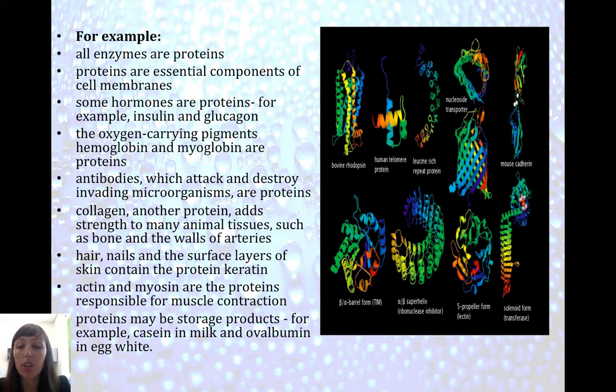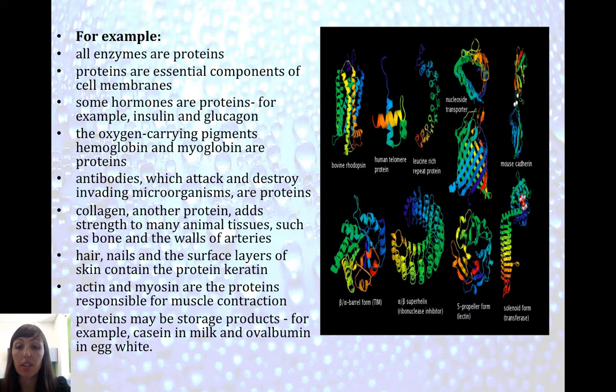Proteins are essential components of cell membranes. Some hormones are even proteins, for example, insulin and glucagon. The oxygen-carrying pigments, hemoglobin and myoglobin, are proteins. Antibodies, which attack and destroy invading microorganisms, are proteins. Collagen, which is another protein, adds strength to many animal tissues like bone and the walls of arteries.